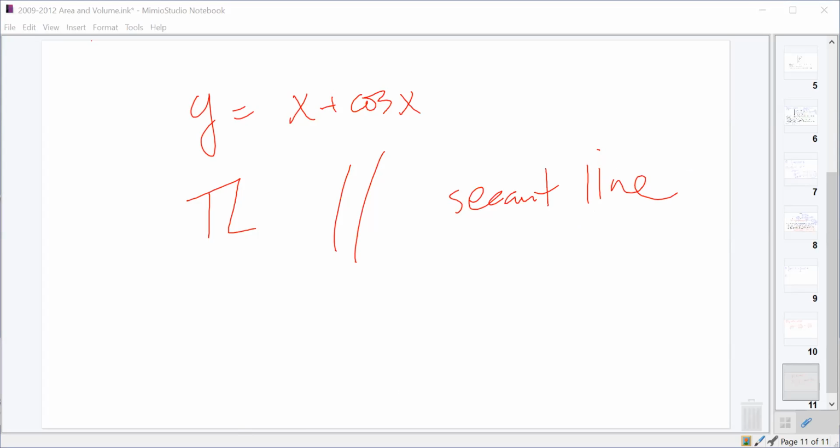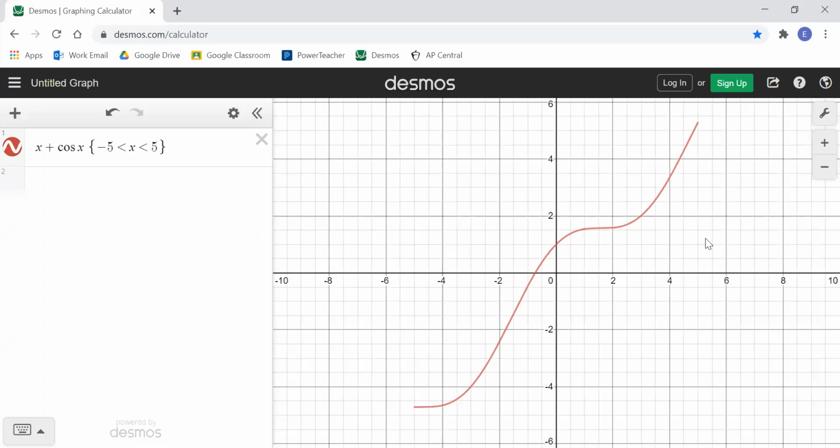So I'm just going to show it on Desmos. Here it is from -5 to 5. And our secant line is the line that goes through this endpoint at -5 to this endpoint at 5. What we need to do is figure out how many times our function has that slope. Here our tangent lines are definitely less than the secant line slope.